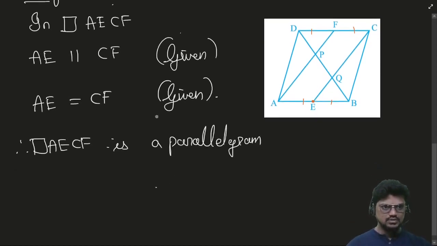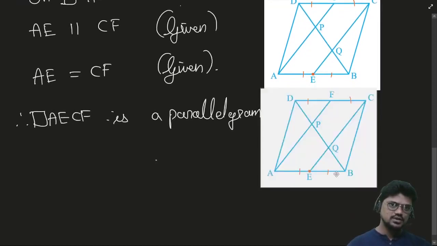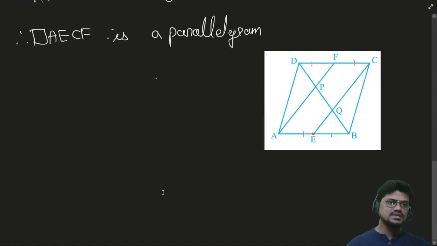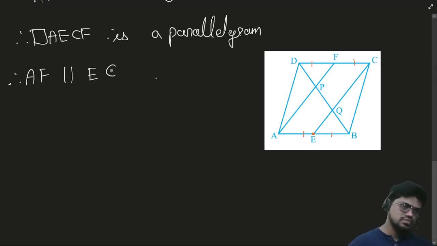Yes, I can say that this will be a parallelogram. Now, once I know that it's a parallelogram, therefore AF will be parallel to EC. Yes or no? Okay. Let's write this as 1.